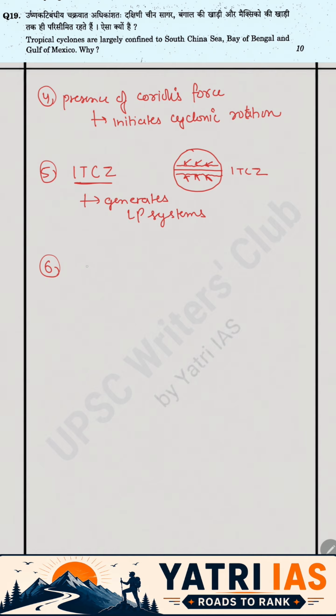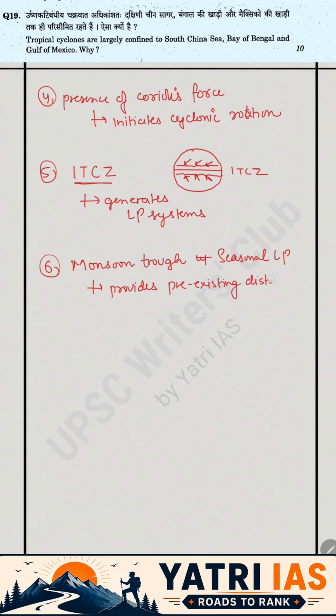Then you would mention monsoon trough and seasonal low pressure, which provide pre-existing disturbances. After this, you would mention large semi-enclosed warm water bodies.